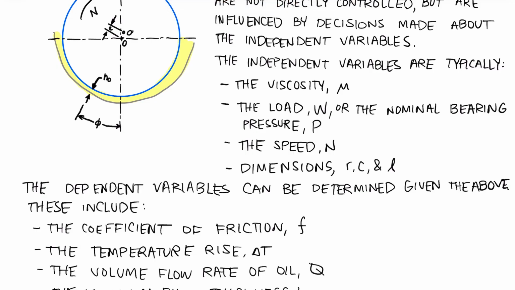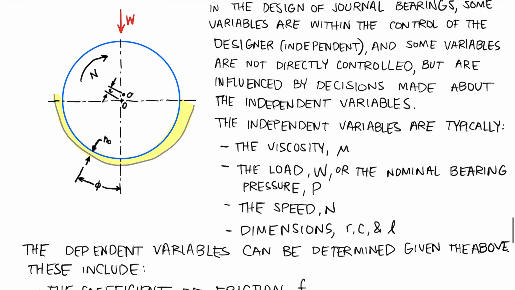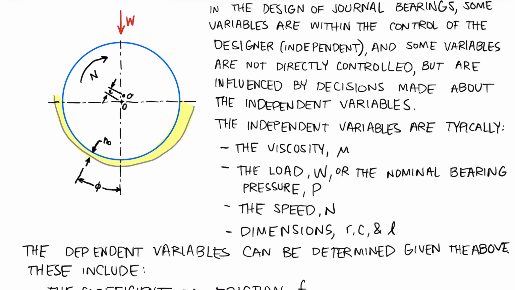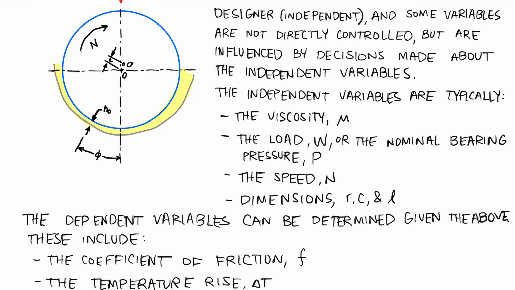Okay, so this is a lot of text, but let's break it down a little bit. So again, in the design of journal bearings, we have control over these independent variables. Typically, the things that we have control over include the viscosity of the oil or lubricant, meaning that we can decide what grade of oil that we want to use inside of our bearing.